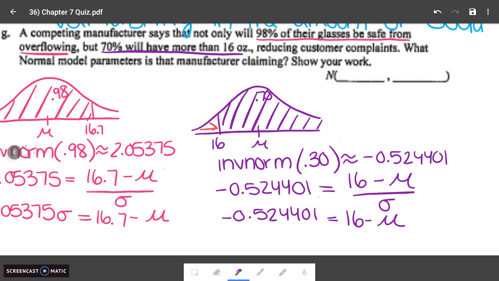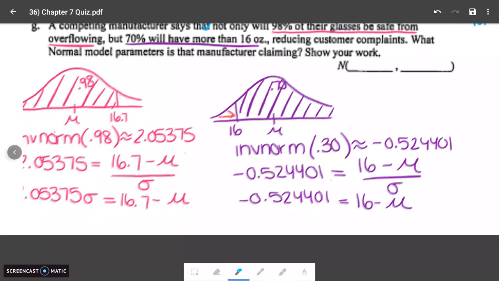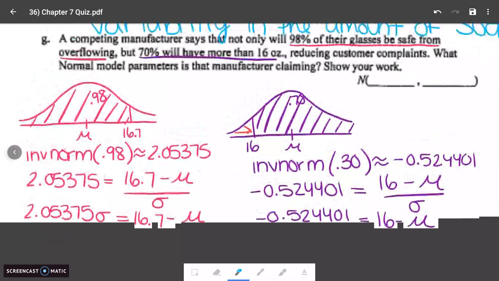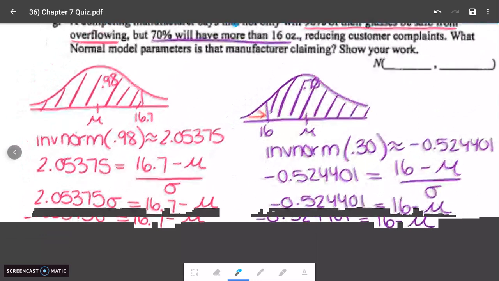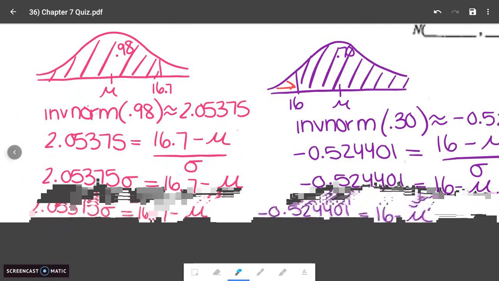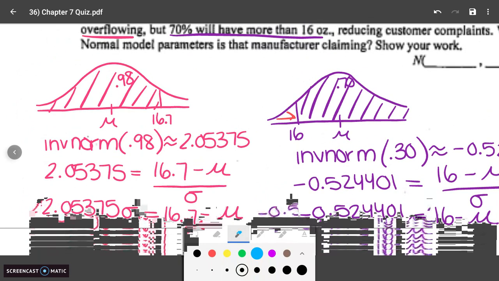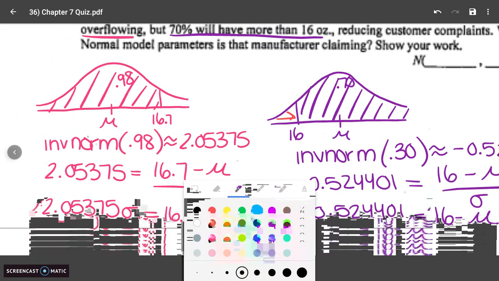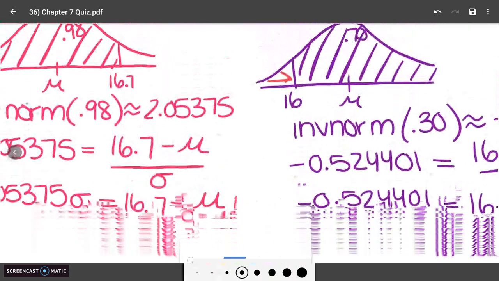Now, I have to satisfy both. So we might think of a simple algebra we can use here: I'm going to set this up as a system of equations, because to get the solution, I need to solve for both of these. So I'm just going to stack our purple piece right underneath here.